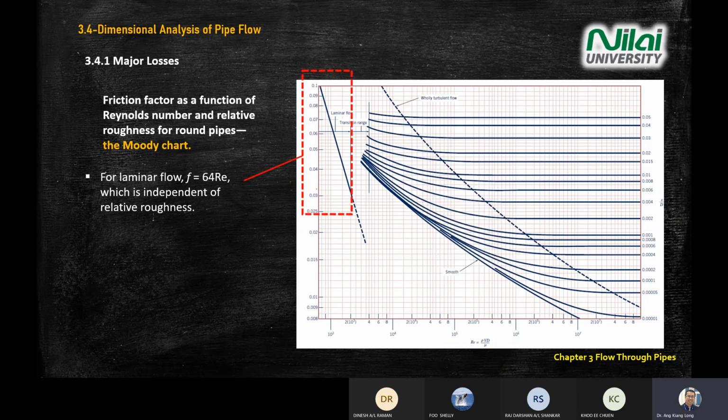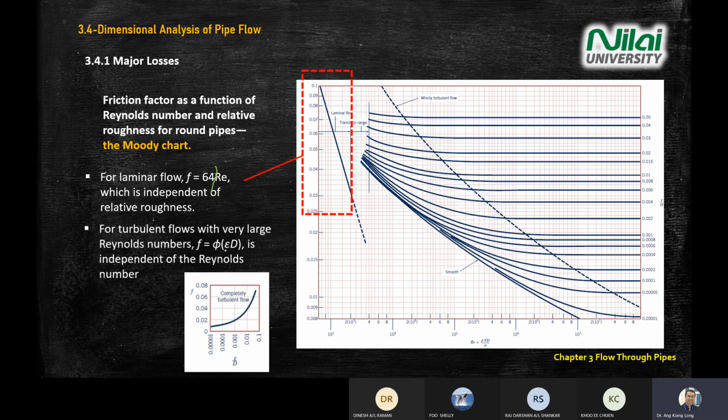This is just a highlight note. This highlighted red region is for laminar flow, following 64 over Reynolds number. So this one is 64 divided by Reynolds number. Then there is turbulent flow and so on.